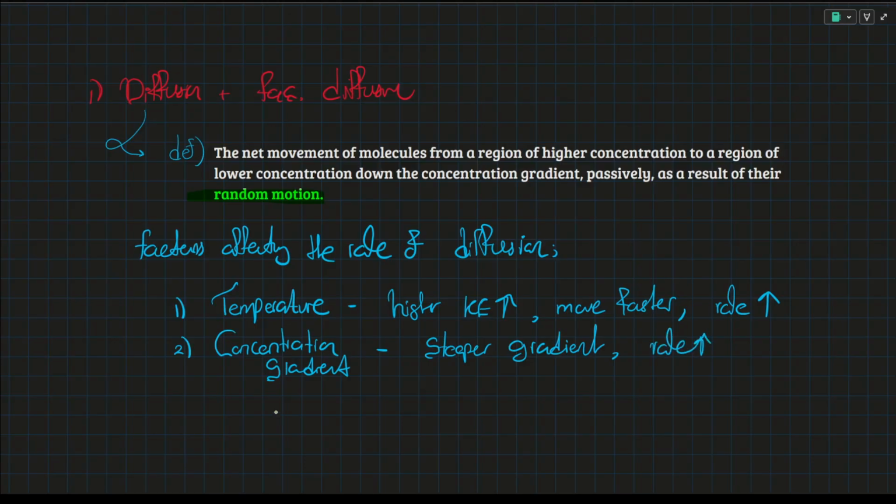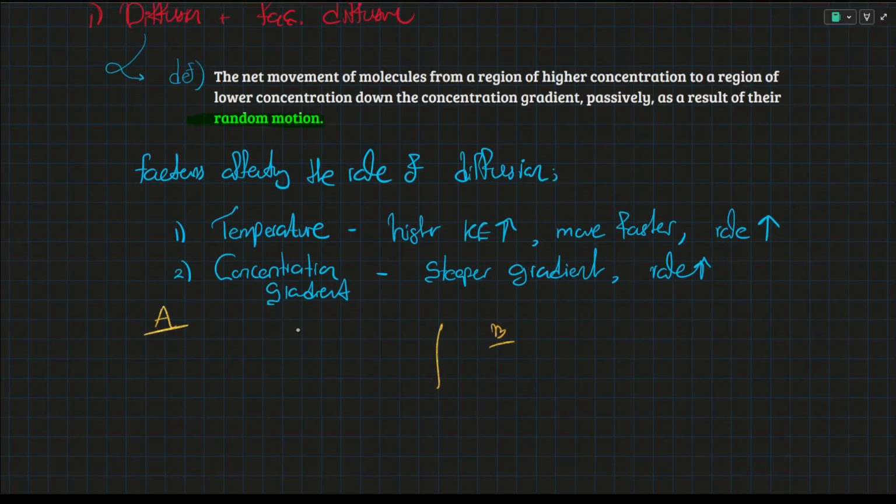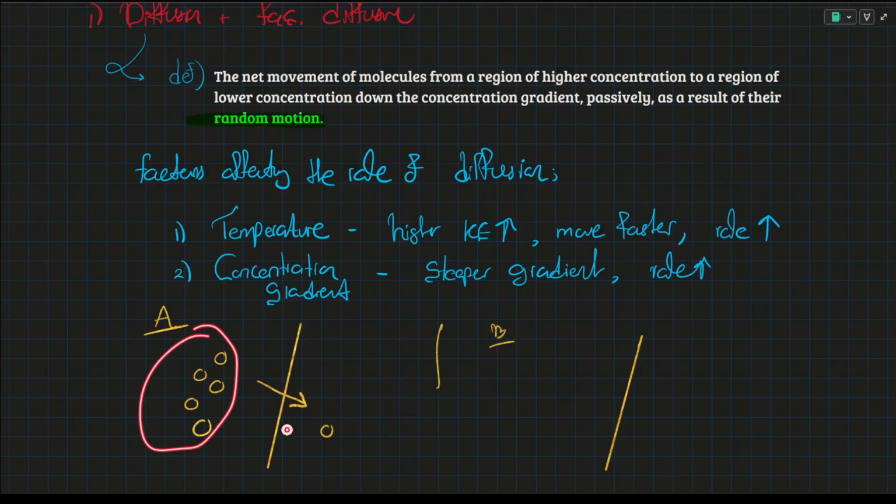Take this for an example. Now, if you have two scenarios, let's denote left side is scenario A and scenario B over here. Now, if this is the boundary, let's say I have 1, 2, 3, 4, 5 and one molecule on this side. So what's the direction of diffusion? Things will go from here to here. Duh, right?